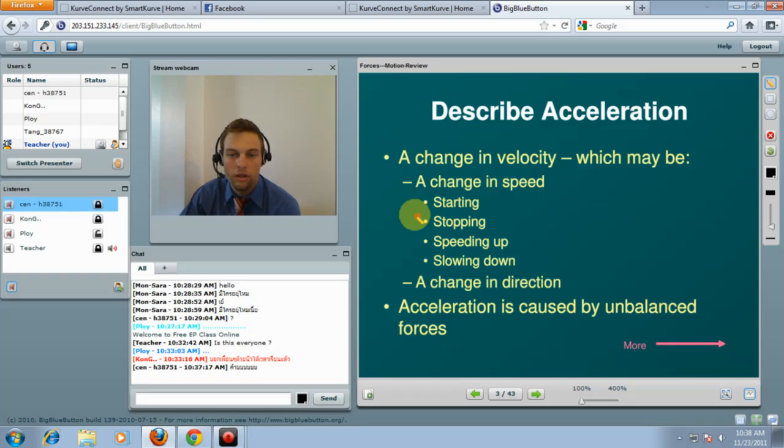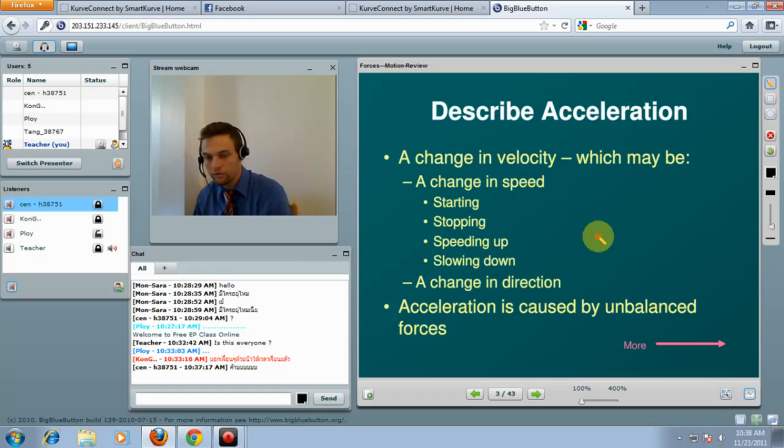This could be starting or stopping. Starting would be speeding up, going from 0 to some velocity; slowing down is going from some velocity to 0. This can also be a change in direction. We know that velocity is a speed with direction, so changing direction is going to change acceleration.